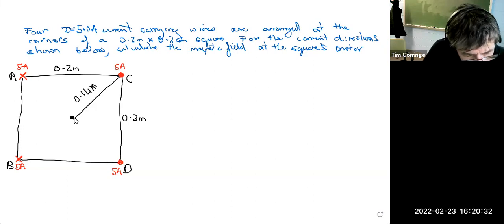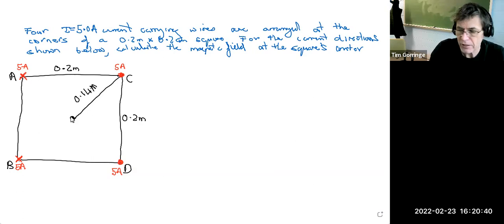So let's go through the wires one by one, figuring out what their fields look like at the center of the square. I'm going to be using the right-hand rule, applied to a current carrying straight wire.